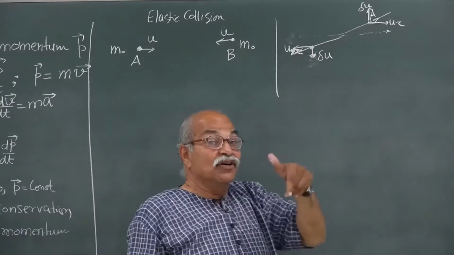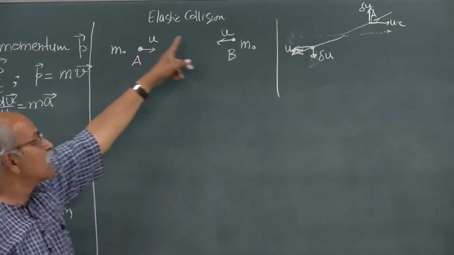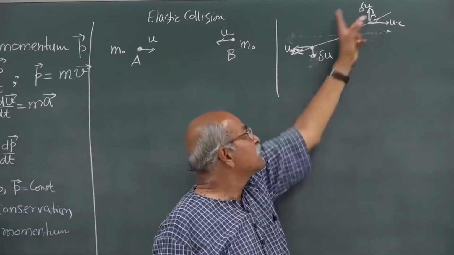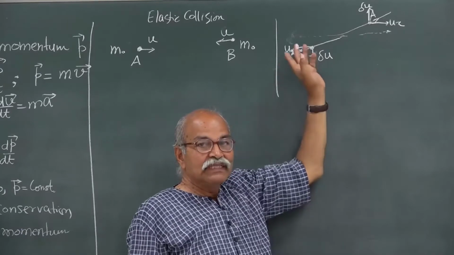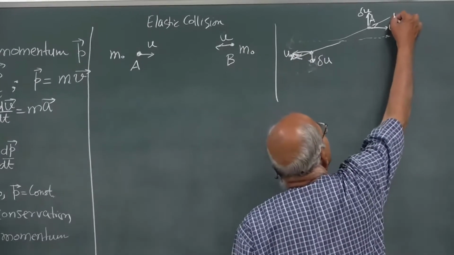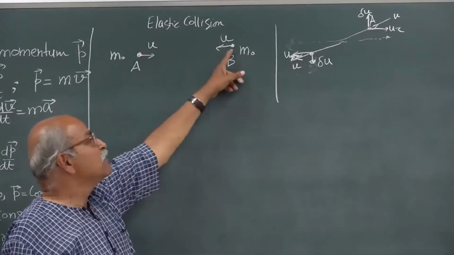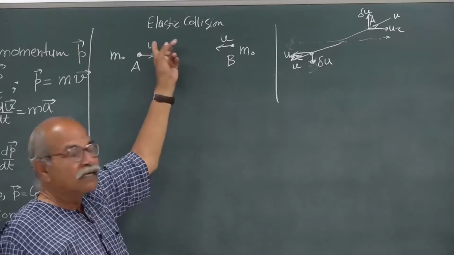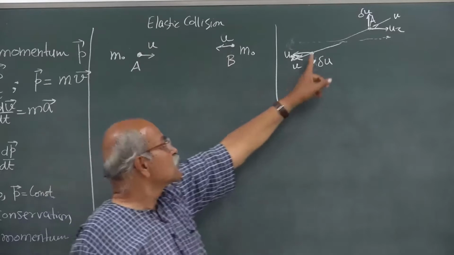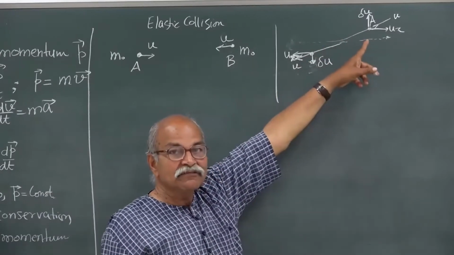And kinetic energy is constant. Here the kinetic energy is half m naught u square plus half m naught u square, and here it should be the same kinetic energy, and therefore, the speed of the particle should be u here and u here, the same u, so that the kinetic energy is half m naught u square plus half m naught u square, here also it should be half m naught u square plus half m naught u square.